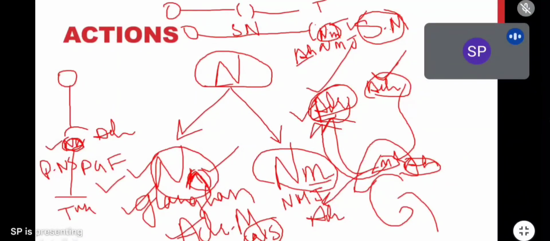From this somatic nerve, along with acetylcholine release, acetylcholinesterase enzyme is also released here. If this acetylcholinesterase enzyme is inhibited here, what happens?